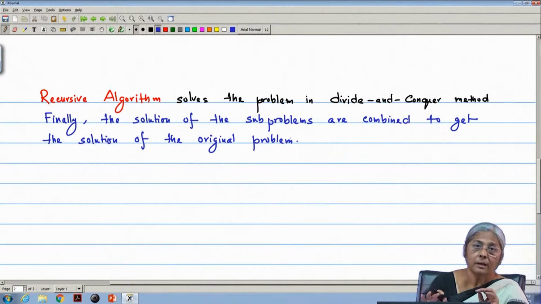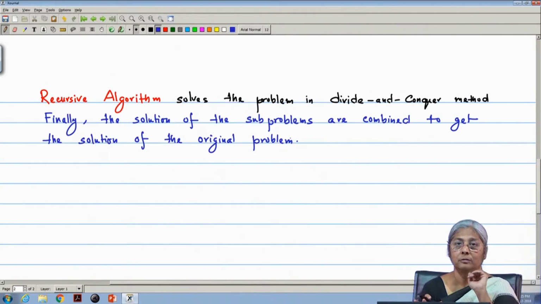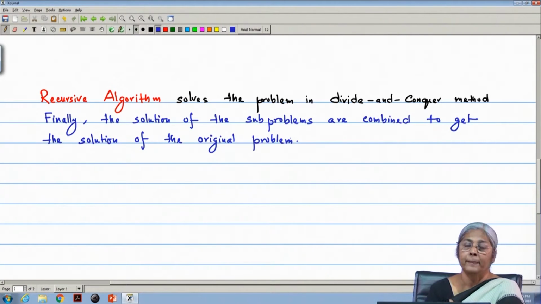So, now we describe the method of recursive algorithm design with a number of simple problems.